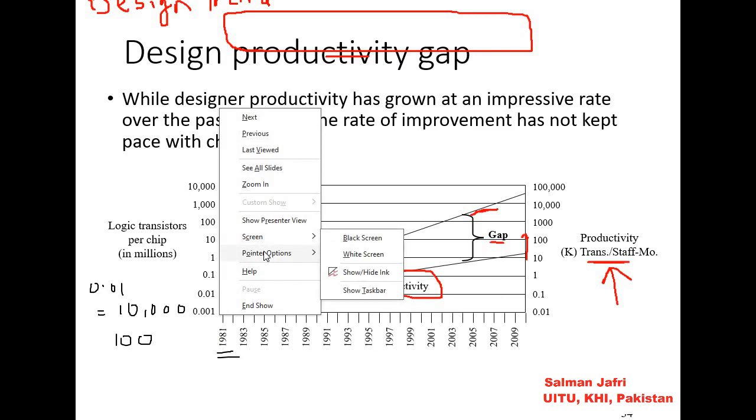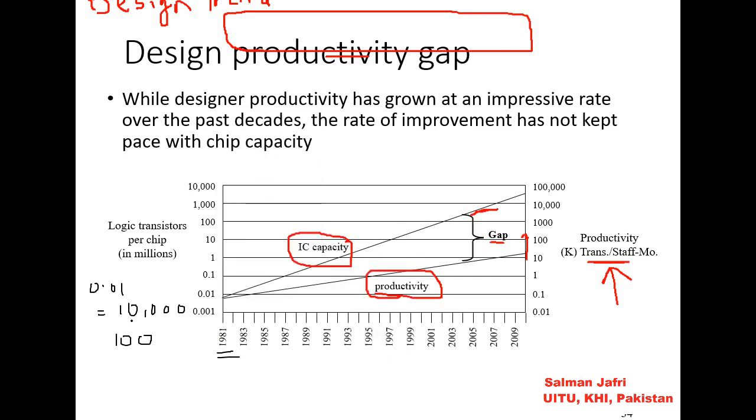So we can do a calculation. We can divide this term by this term. So we can have 10,000 transistors divided by 100 transistors per staff month.